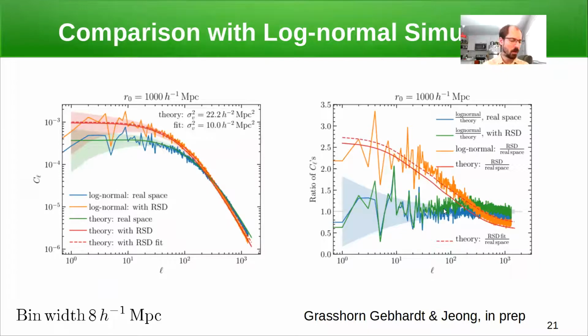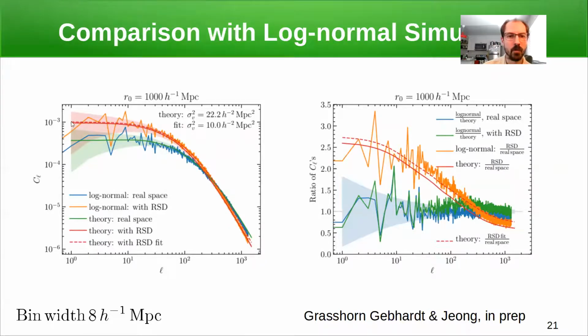Okay, and we also tested this with log-normal simulations. They're not perfect for fingers of God in particular, but they do work, they do include it. And so on the left side, we show the CLs. So here in blue and green is the real space from that simulation, with the shaded being an estimate for the error bars.